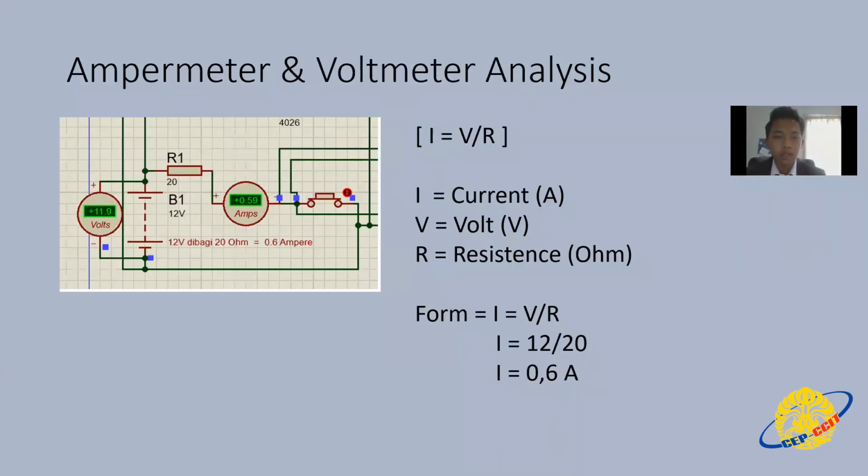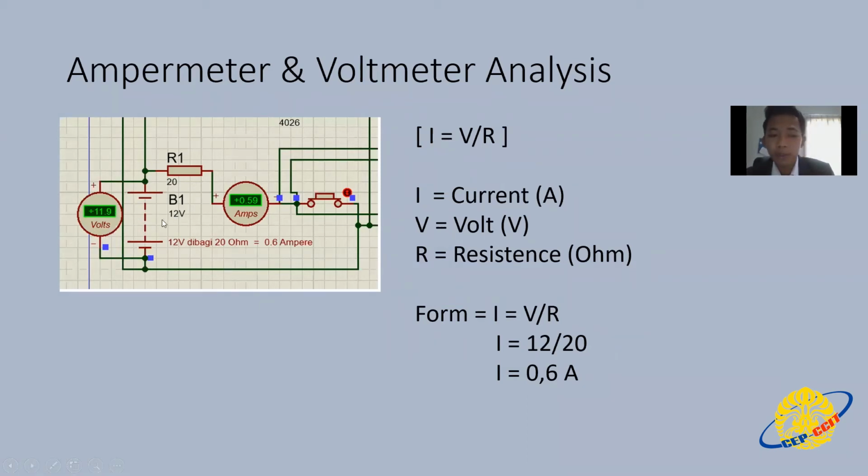Now, this is the ammeter and voltmeter analysis. From here, we can see that we've got the 12-volt battery and there's a voltmeter. This voltmeter is connected to the positive and the negative. After we run it, the volt that we get is 11.9.